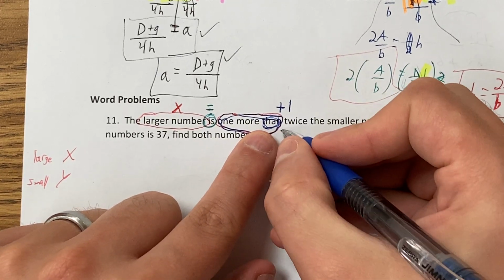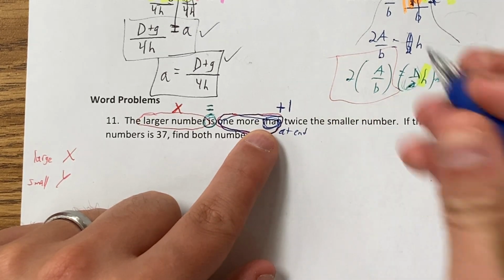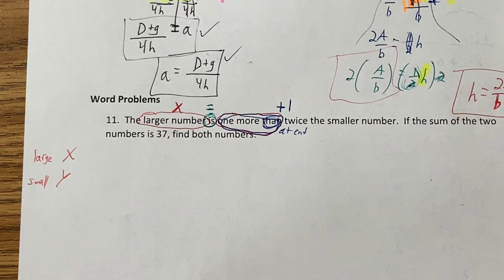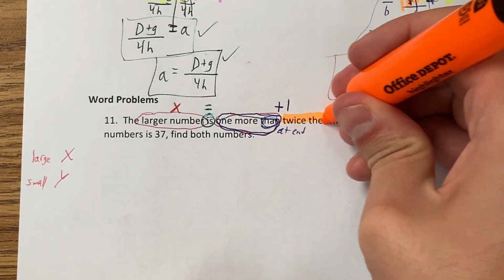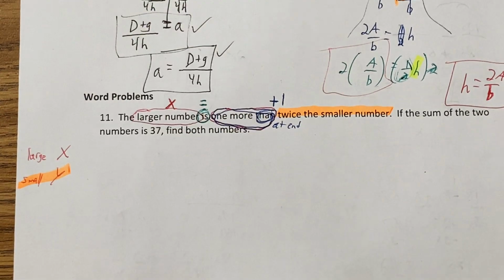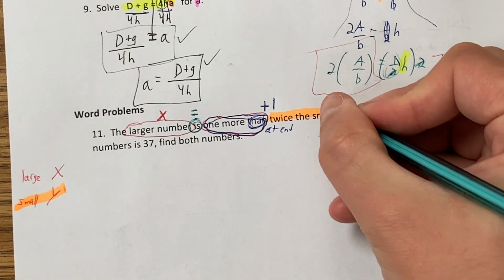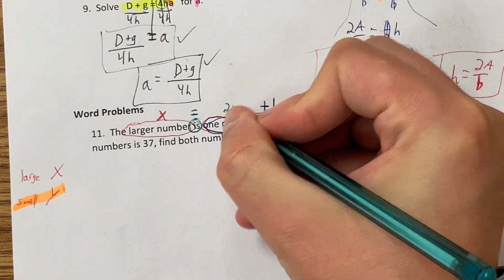It goes at the end. And then twice the smaller number. So the smaller number is y, and twice means multiply it by 2. So twice the smaller number is 2 times y, so 2y.